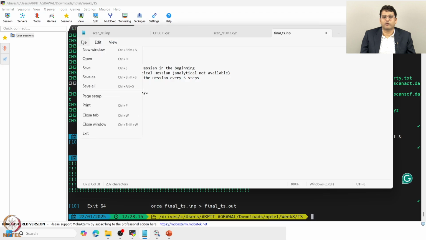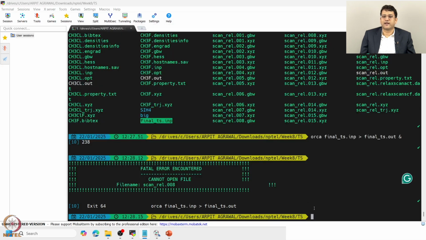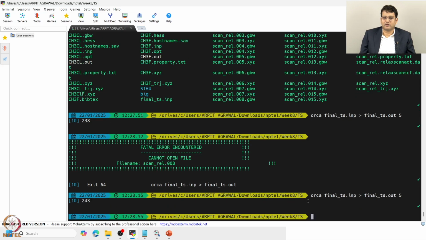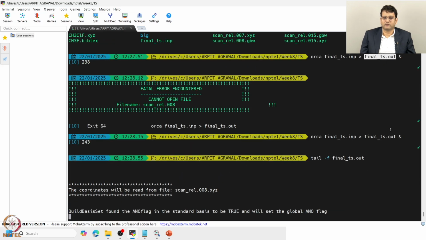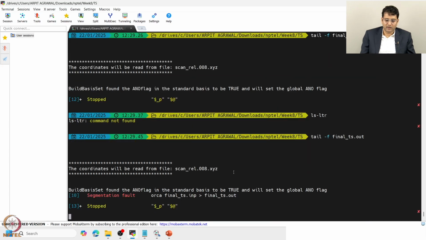Don't forget that the file name actually contains an XYZ. I have to retype it again. Out ampersand. Now it's running. There's some problem.